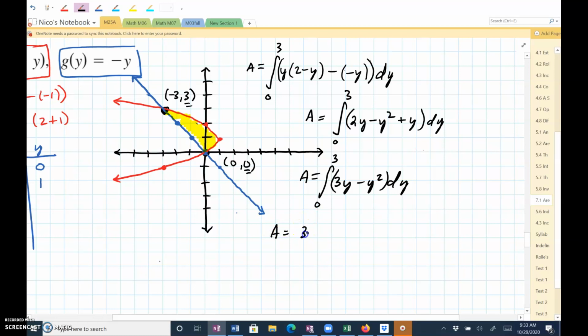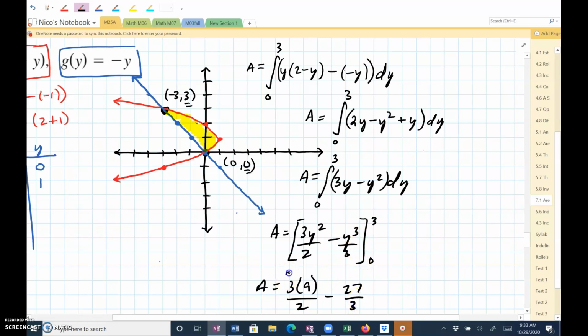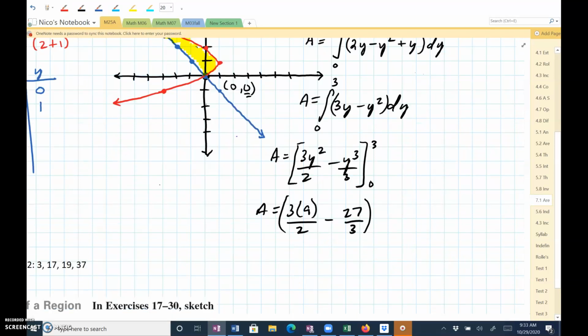So this would be 3y squared over 2 minus y cubed over 3. Integrate this from 0 to 3. And when I plug in 3, this is going to be 3 times 9 over 2 minus 27 over 3. When I plug in 0, that's just going to be 0 all the way through here.